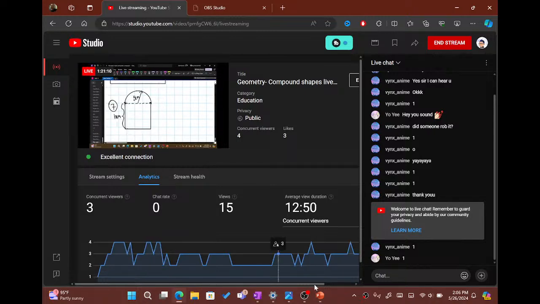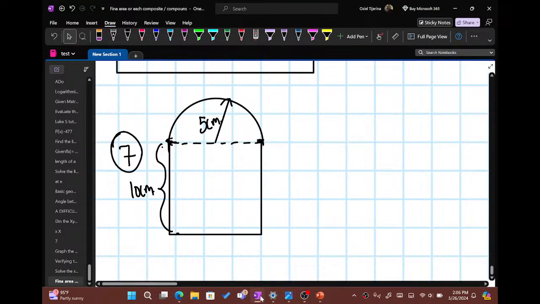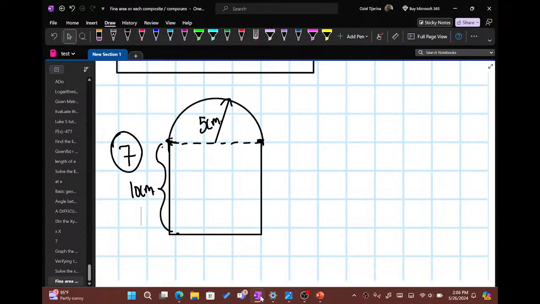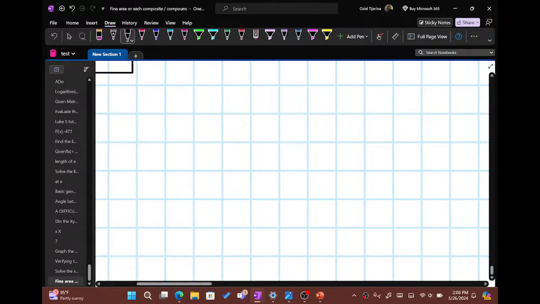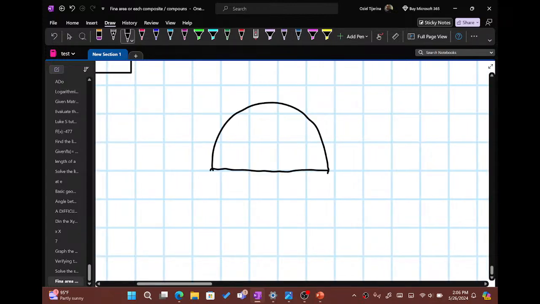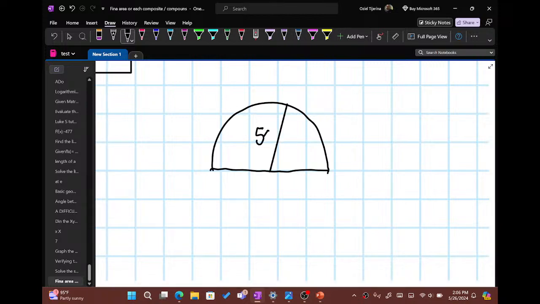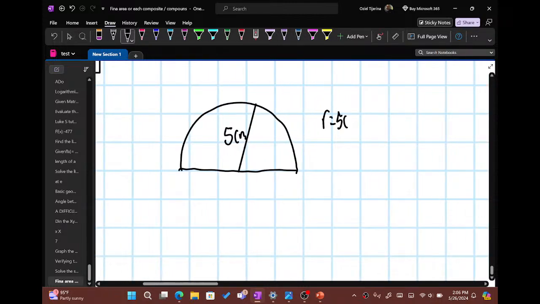We're almost done here, guys. So again, we have this going on, something like this, right? And we know that the radius is 5 centimeters, if I'm correct, yeah. So the radius is 5 centimeters, and then we're talking about half a circle.